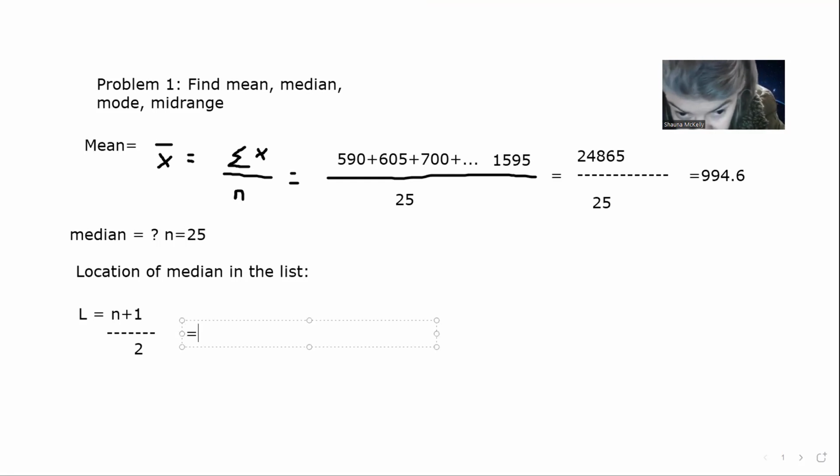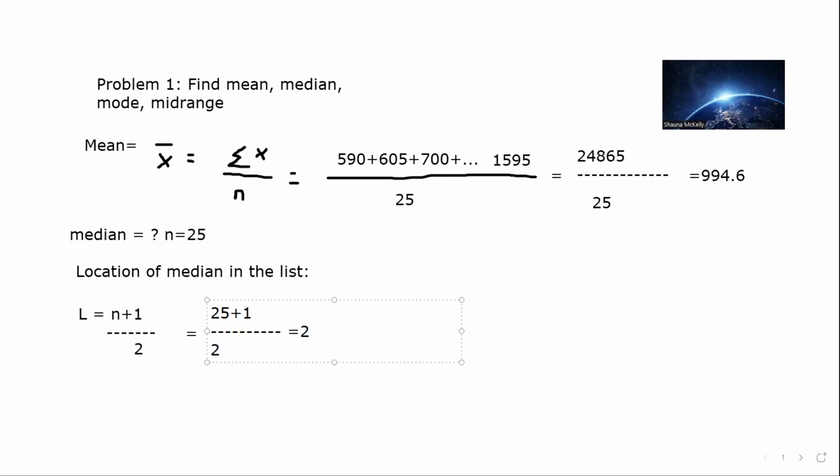So this is going to be 25 plus 1 divided by 2. Okay. And that's going to give me 26 divided by 2, right? And that would give me 13.